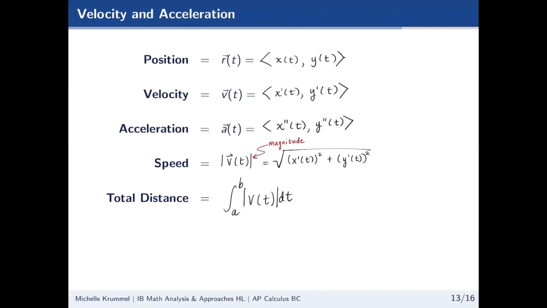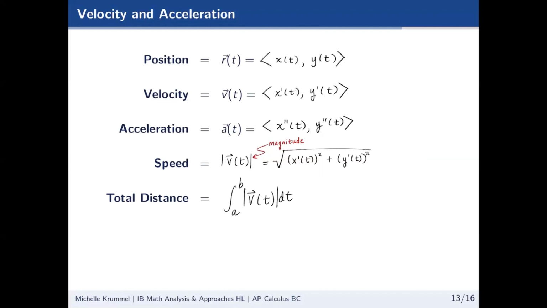So here with planar motion, we have a velocity vector instead of just a velocity function. And how do we take the absolute value of a velocity vector? Well, we saw that just above when we were looking at speed.